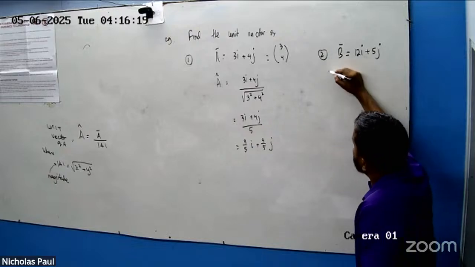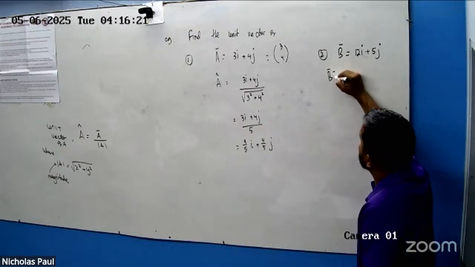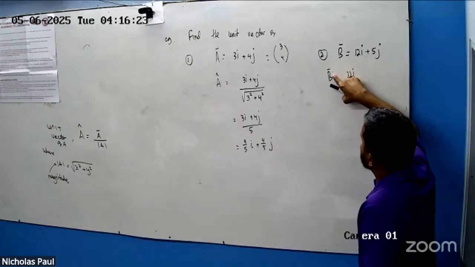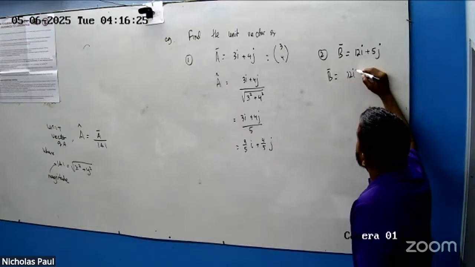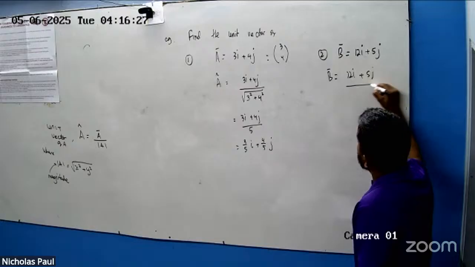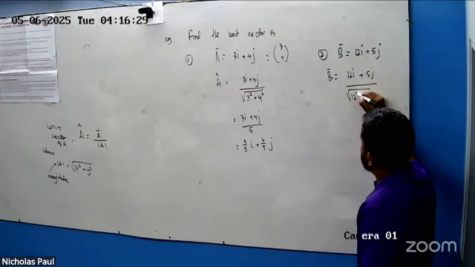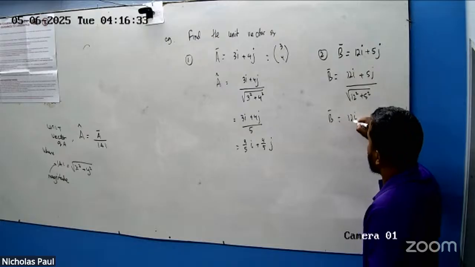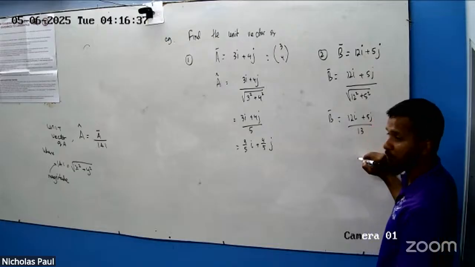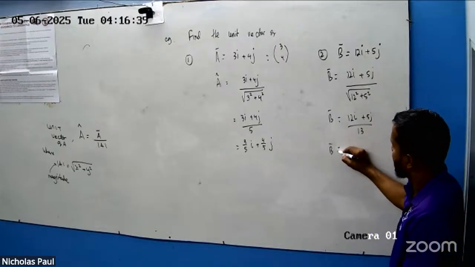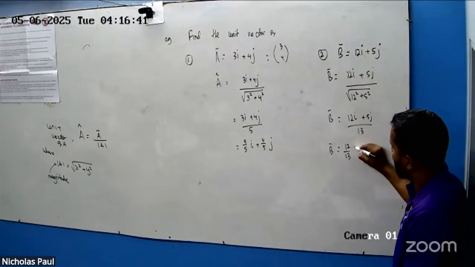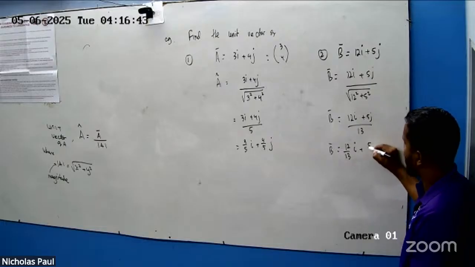It will be 12i plus 5j all over the square root of 12 squared plus 5 squared. And what did you all get underneath? You all got 13, right? So you can write it like this: 12 on 13 i plus 5 on 13 j.